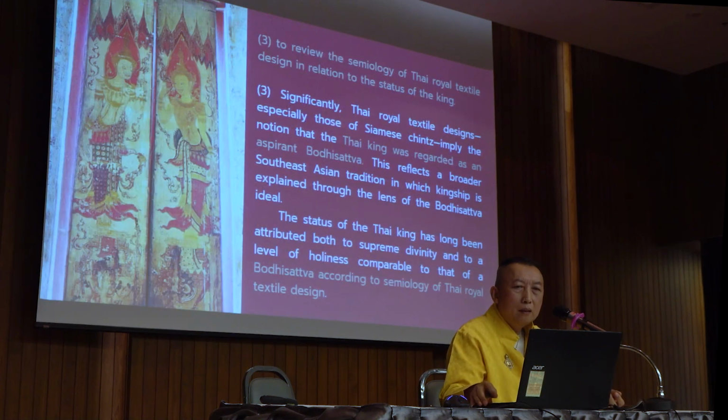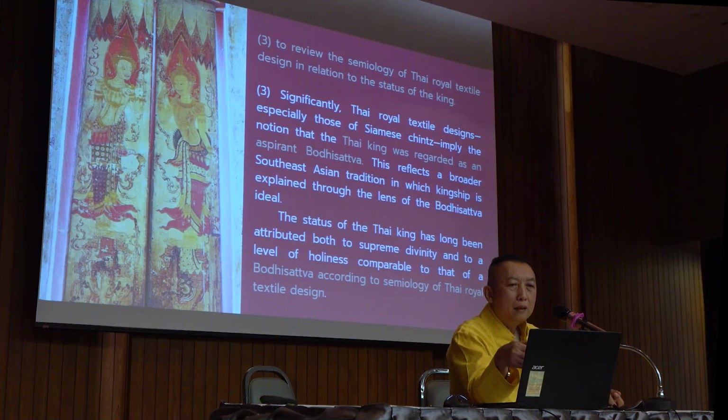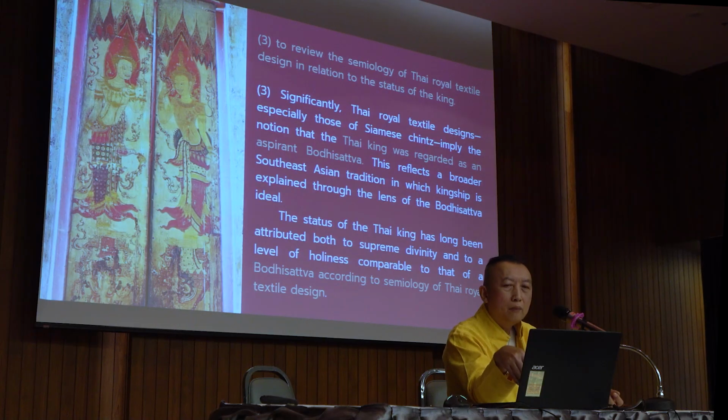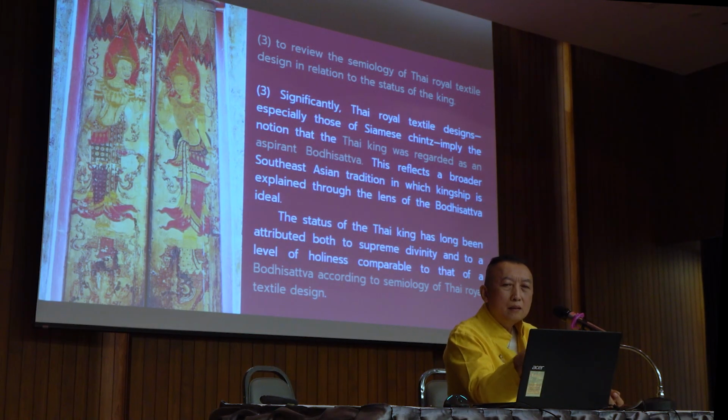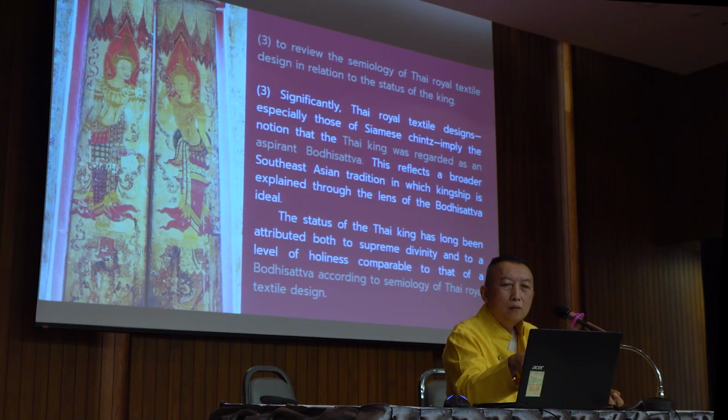But let's see what my review of the semiology of Thai royal textile design found: that the king was regarded as an aspirant Bodhisattva. And not only in Thailand, it is also in other Southeast Asian traditions, like in Laos or Myanmar, and even in Cambodia.